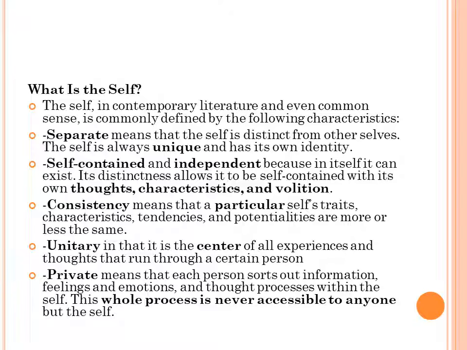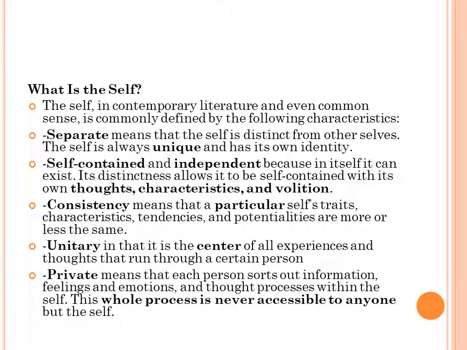Second, self-contained and independent, because in itself it can exist. Its distinctness allows it to be self-contained with its own thoughts, characteristics, and volition, meaning that our sense of self is independent of others.